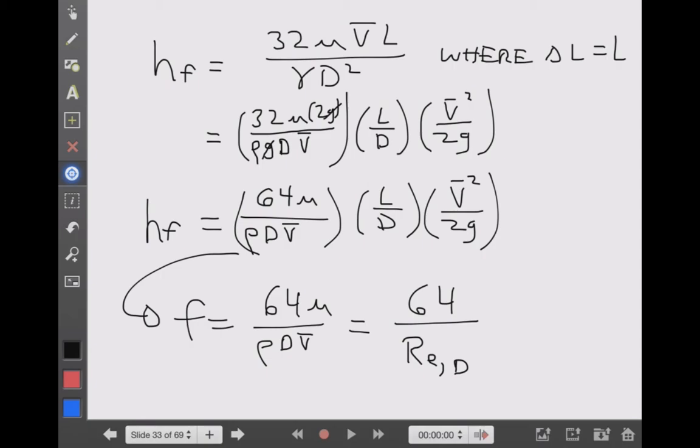This is the friction factor for laminar flow in a pipe. Laminar pipe flow.